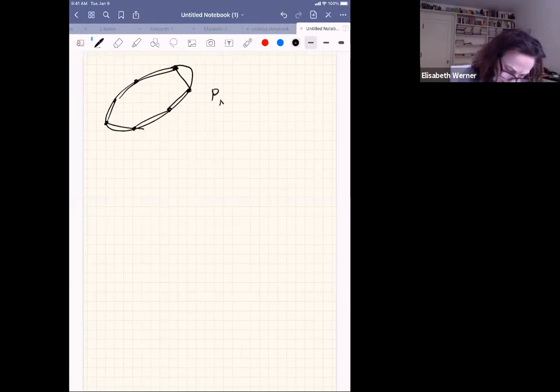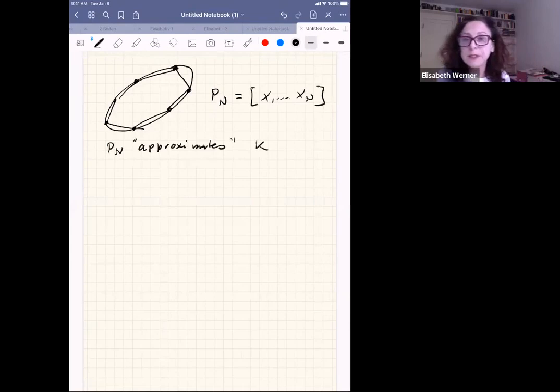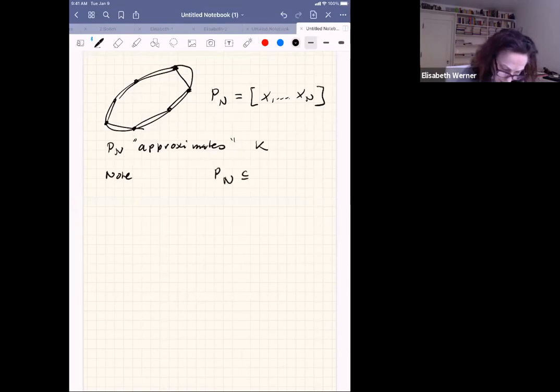So Pn is the convex hull of these capital N chosen points, and Pn approximates K, and we'll see in which sense we mean it approximates K. We note that Pn is contained in K. This is obvious, but also Pn contains the floating body.